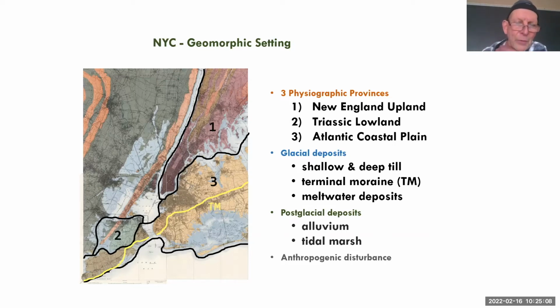There's a terminal moraine, which I marked in yellow, running right through the middle of the city. There's glacial till to the north of that terminal moraine and glacial meltwater deposits to the south of that moraine. There are deposits after the ice sheet moved away, alluvial deposits along the rivers. There was quite a bit of tidal marsh, there's a little bit left. And there's a lot of anthropogenic disturbance.